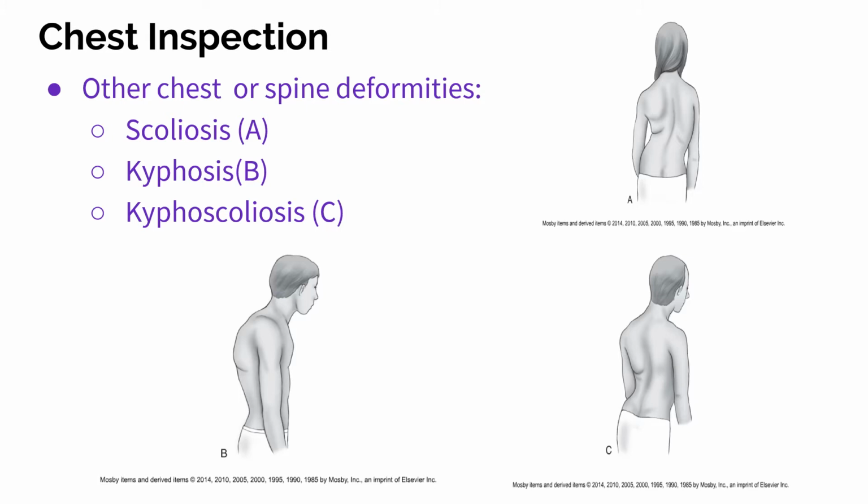And then kyphoscoliosis is basically both of them combined. You have the hunch, like the camel back, and you have a curve. Okay, so make sure you know the differences between the terminology of those.